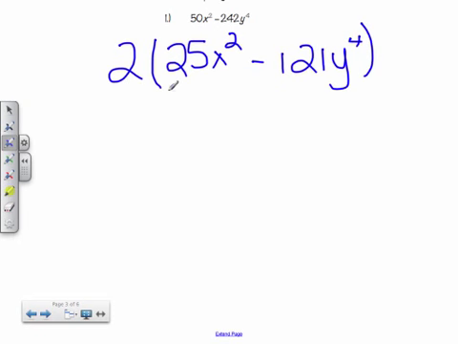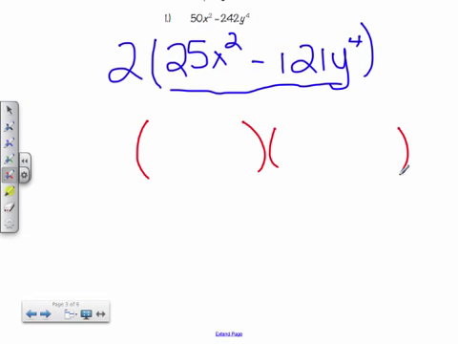So what I'm going to do is take this expression right here and factor it. So remember, when you factor a difference of perfect squares, you've got your two binomials being multiplied together. The square root of 25x squared right here is 5x, so I put 5x right here, and 5x right here.